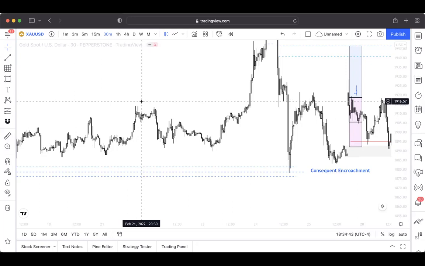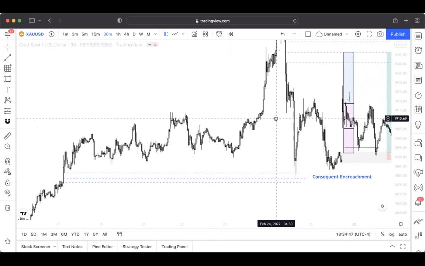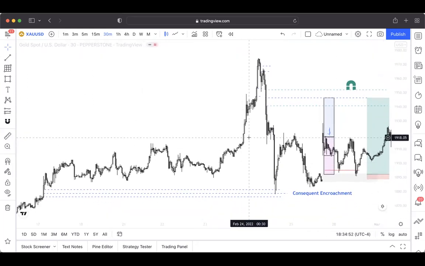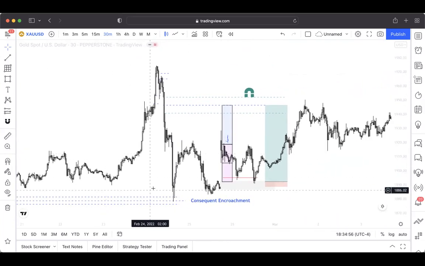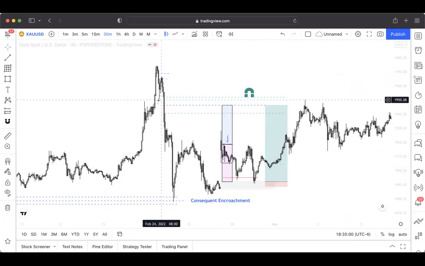So yeah, that's obvious. On higher time frame, it's obviously working better. This is, I think, the 30-minute time frame, and you can see every fair value gap around the chart right now was all working. So this one, this one, this one, and this one.